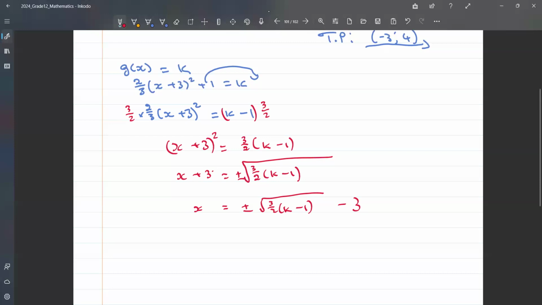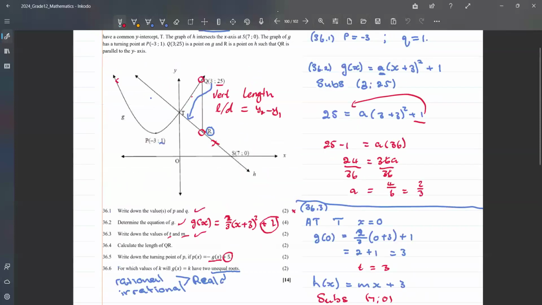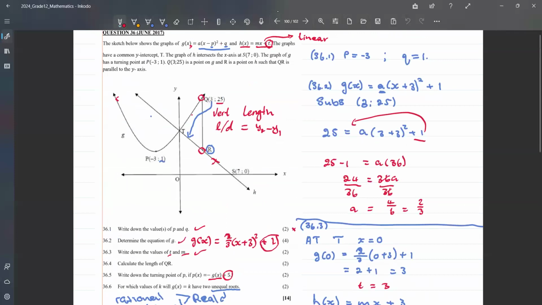So in this case, we say when k is greater than 1, we are going to get unequal roots. All right. That's basically it. For all values of k that are greater than 1, we will get unequal roots.